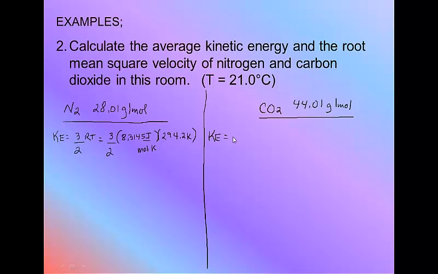Kinetic energy for the CO2 is going to be the same. How come? Kinetic energy is not dependent on mass. You are going to get exactly the same thing for kinetic energy.